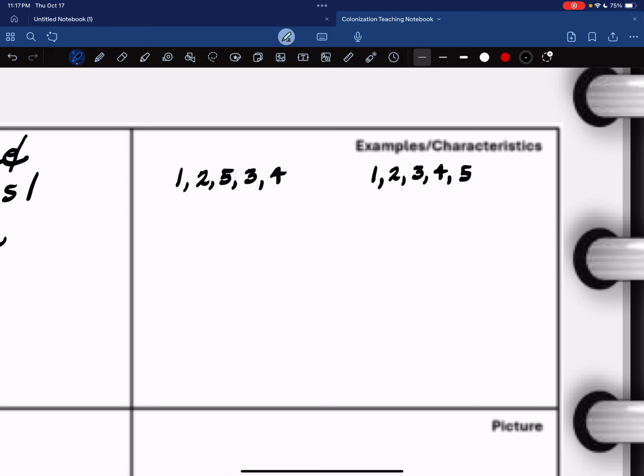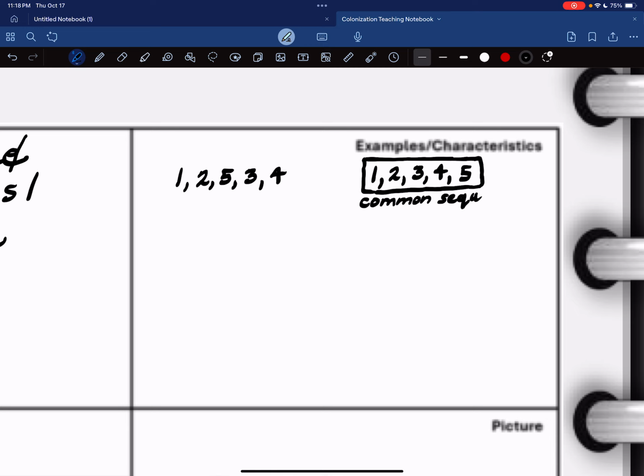Which one of those is in a common sequence? It's this one. That's the order that I'm looking for. Now, sometimes the first one can be the correct answer to something, but this one is a common sequence. It's what I would expect to see.